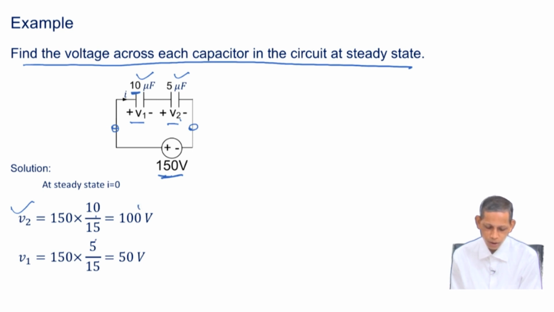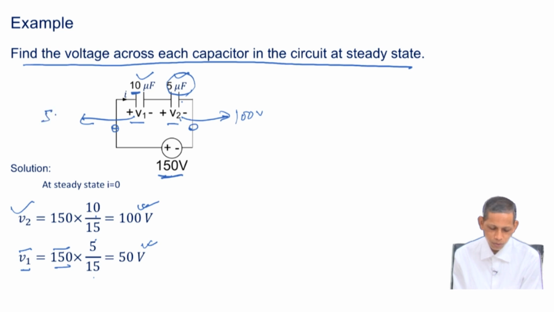That gives us 100 volt across the 5 microfarad capacitor, and V1 becomes 150, the combined voltage, into C2 upon C1 plus C2. That gives us 50 volt. So, V2 equals 100 volt and V1 equals 50 volt.